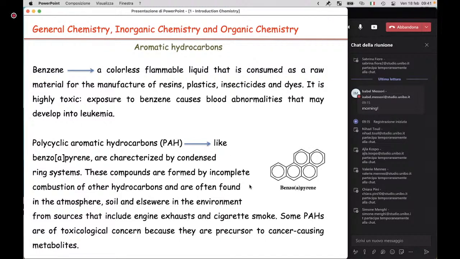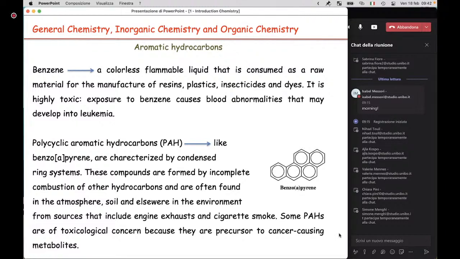Nowadays, most energy is produced by burning oil or coal or gas and so on. And so, of course, you can imagine that this kind of compound is found almost everywhere. Central heatings in homes, also cars, all of these produce polycyclic aromatic hydrocarbons.